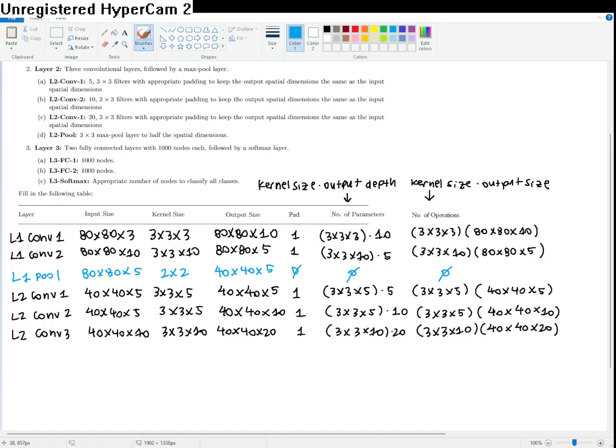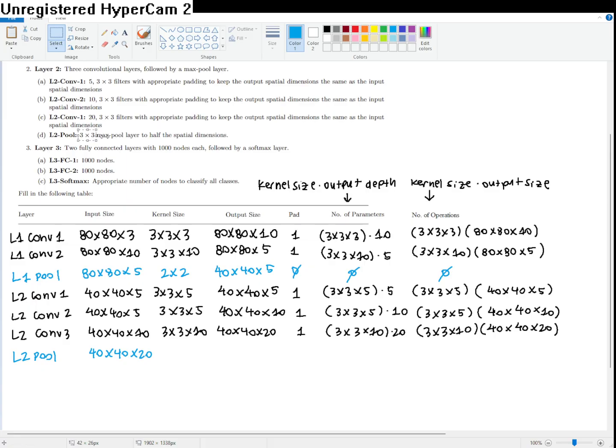All right, so here is another pooling layer. It's just like last time, 40 by 40 by 20, and then we're going to pool. Here the problem says 3 by 3 max pool to halve the spatial dimensions. I'm just going to check something real quick. All right, I think this is a mistake. I'm pretty sure this is a mistake.